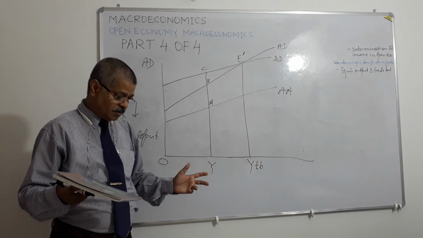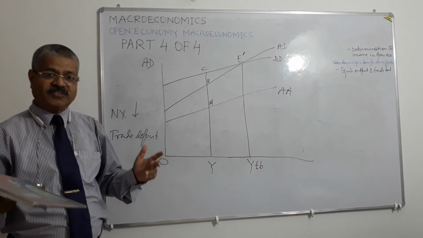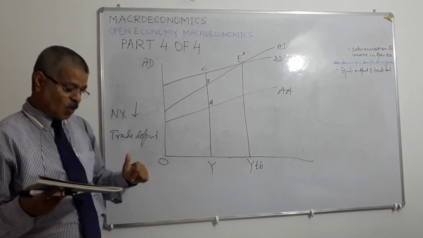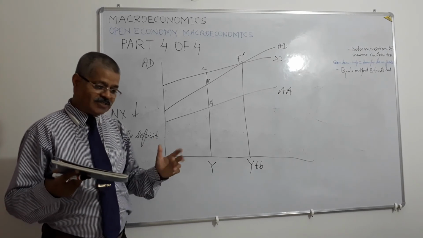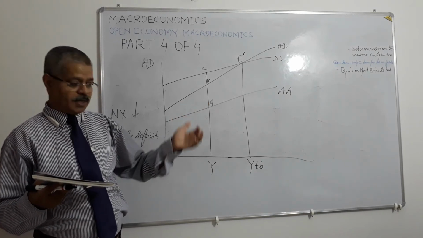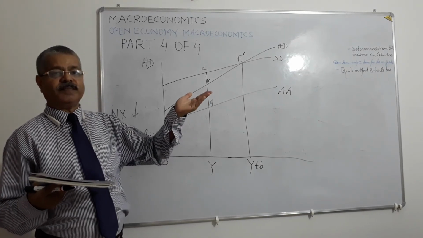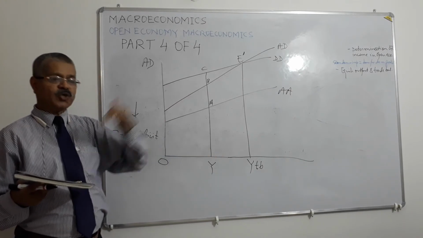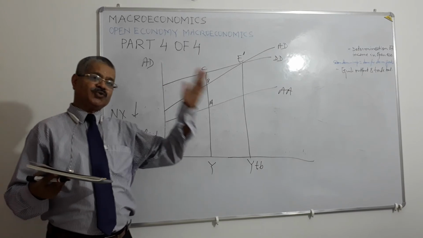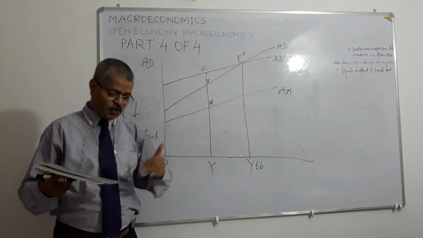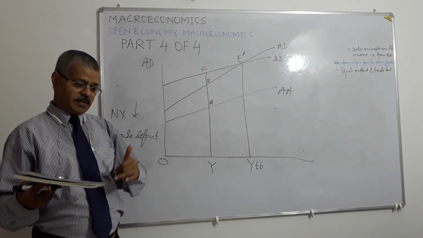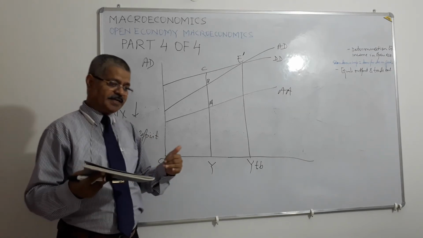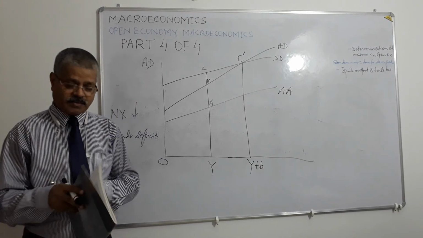If nominal exchange rate changes, it impacts real exchange rate also. Suppose real exchange rate has gone up, it means foreign goods will become costlier vis-a-vis our goods. So imports will decline, exports will increase. So output will increase, exports will increase, income will increase, and trade surplus will increase.